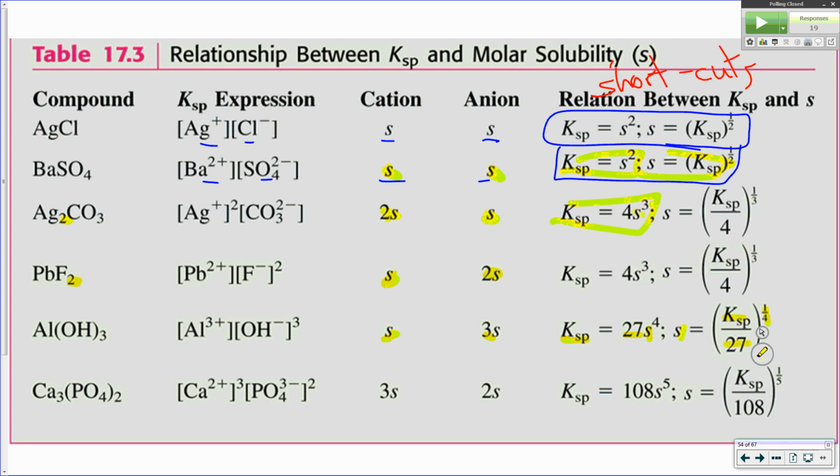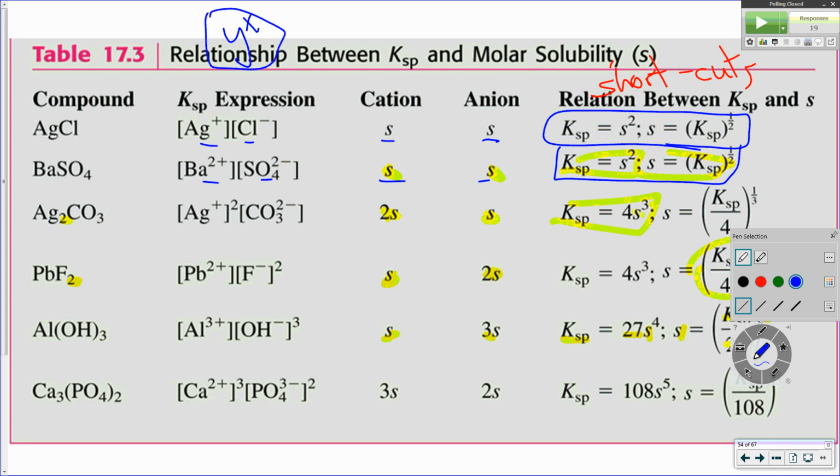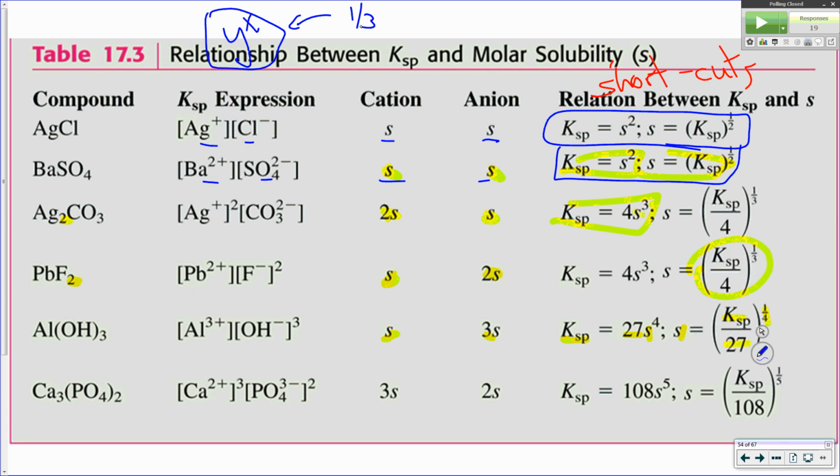Now, I told you a while back you'd need to be able to take an nth root in your calculator. This is why. So make sure in your calculator you can do a 3rd root, a 4th root. On some of your calculators, you've got a Y to the X button, and you can just take something to the 1 divided by 3.